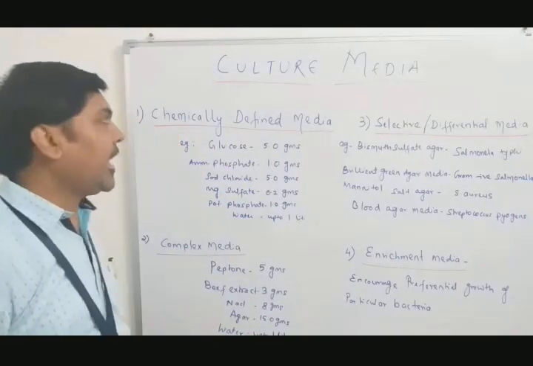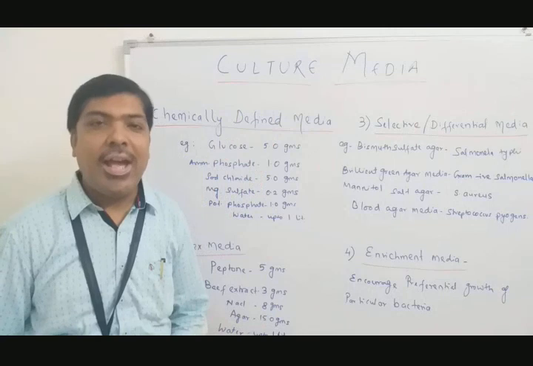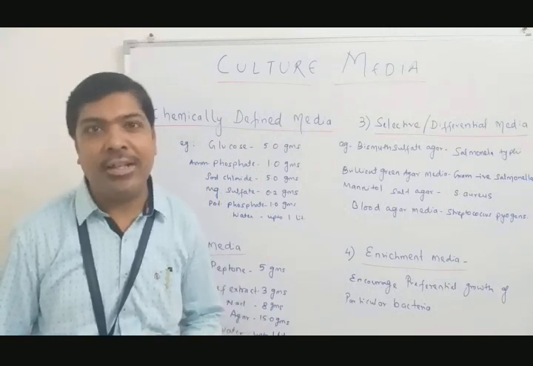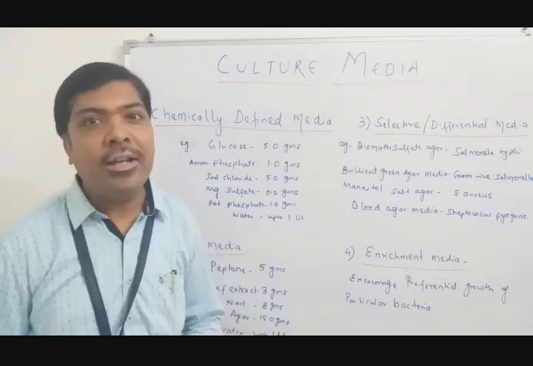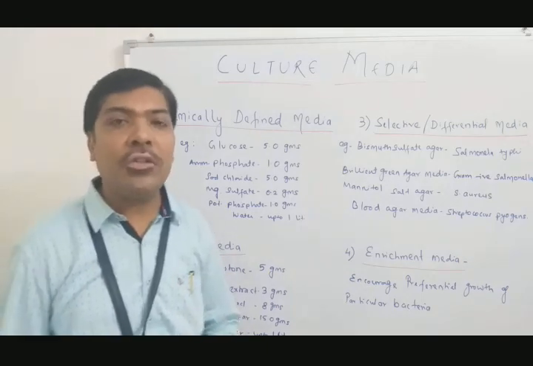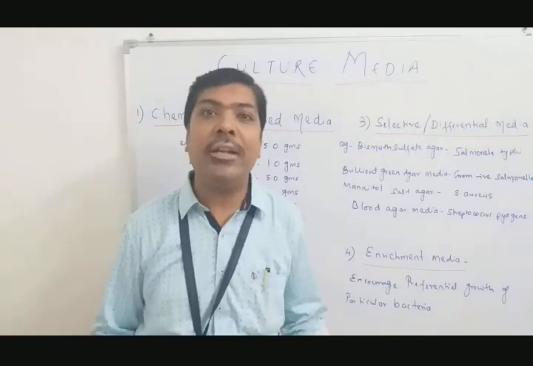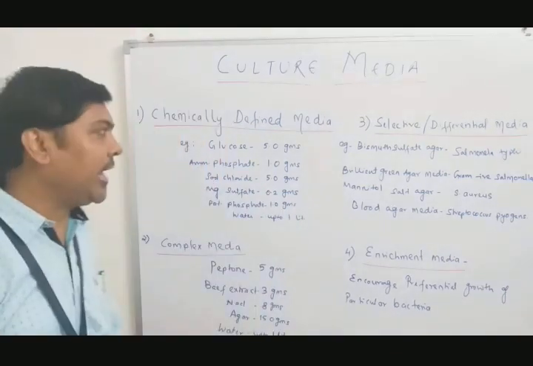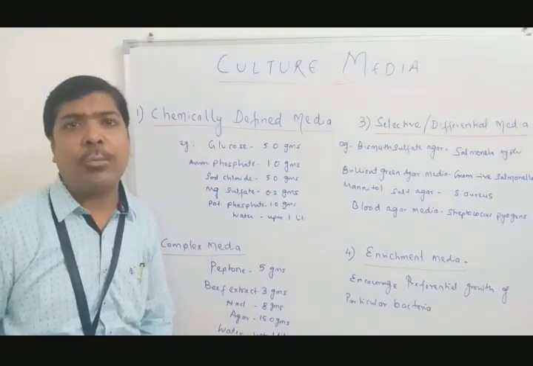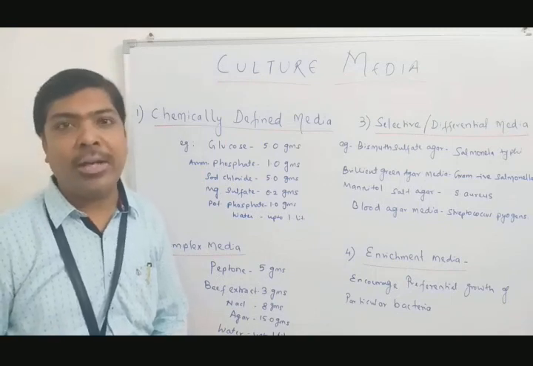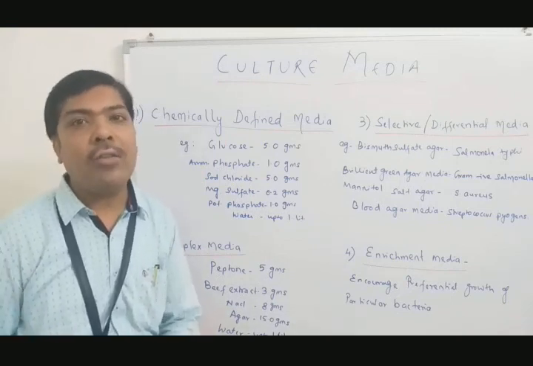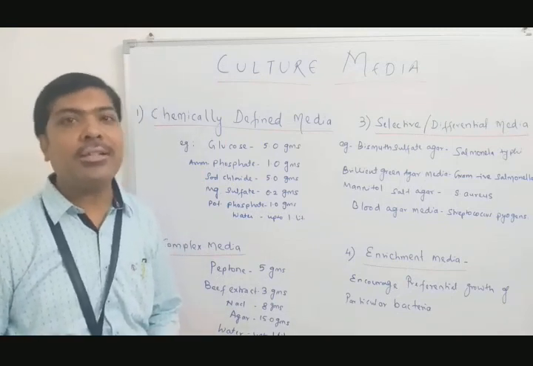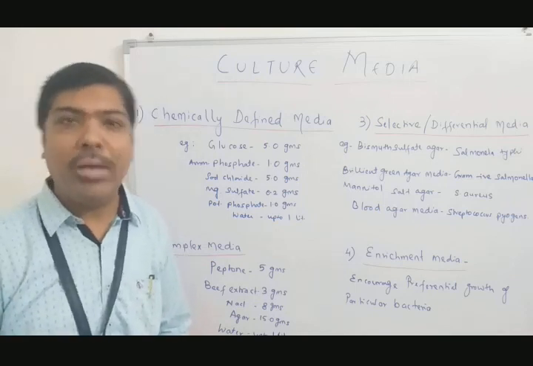Number one is a chemically defined media. As the name itself suggests, it is a type of media in which the chemical composition of all the individual ingredients is well known. Here I have given one example. For a particular bacteria, I have optimized one recipe, one preparation that is helpful in the growth of that bacteria.